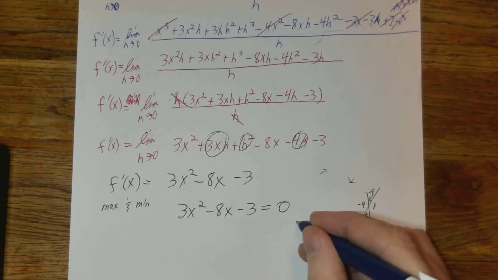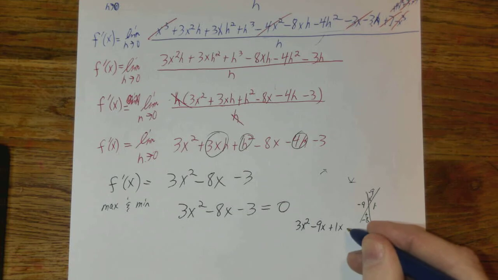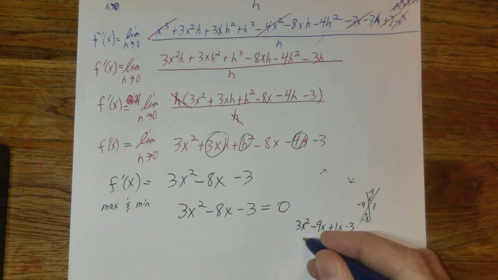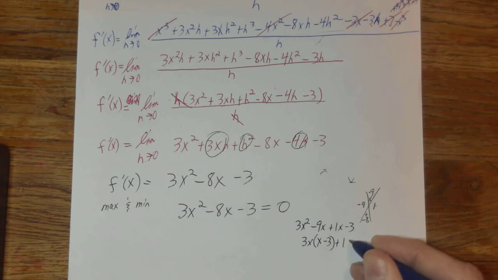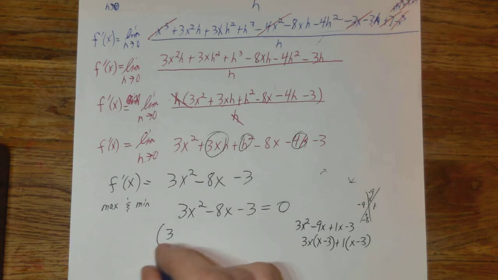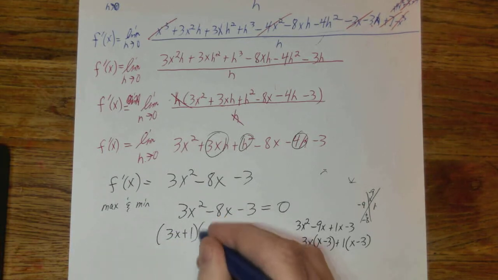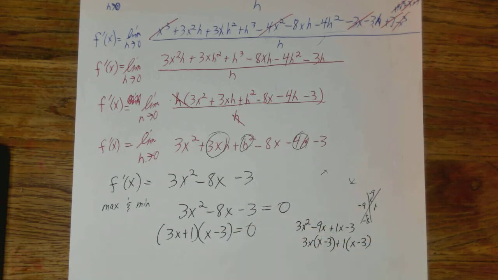So if I take 3x squared minus 9x plus 1x minus 3, factor out 3x here, I've got x minus 3, and that's a 1 times x minus 3. Okay, so 3x plus 1 times x minus 3 is equal to 0.